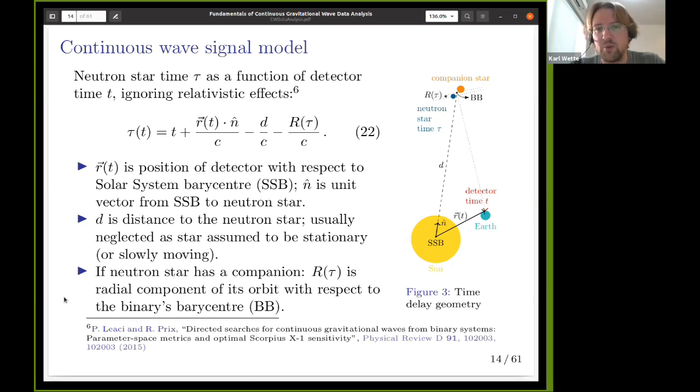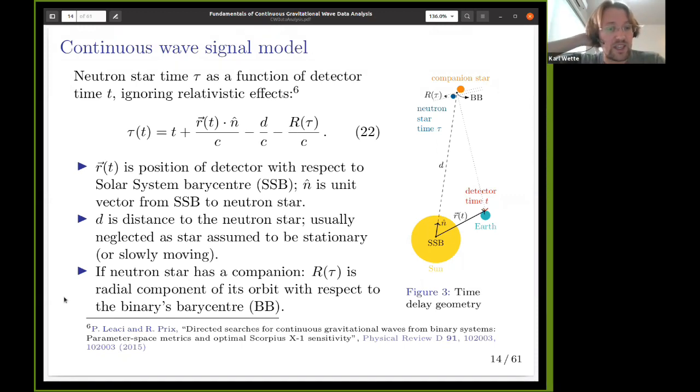So that's just a point in space, which we can eventually use as a reference, as a sort of origin for our coordinate system. And then our vector n is the unit vector which points from the SSB, the solar system barycenter, towards the neutron star. And that will give us then the sky position of the neutron star, which is often the parameter that we need to search over if we don't know if it's an unknown object.